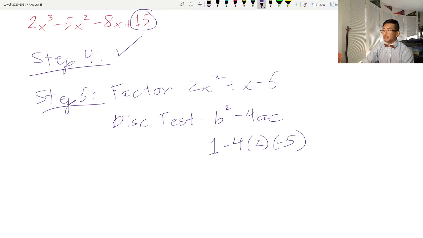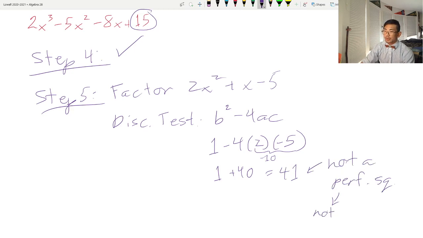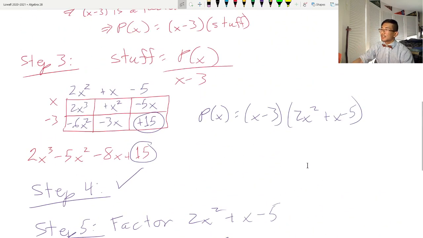Negative 10 times 4 is negative 40, so that'll be plus 40, which equals 41, and that's not a perfect square. And therefore, it is not factorable. We can now conclude that this is the final factored form.